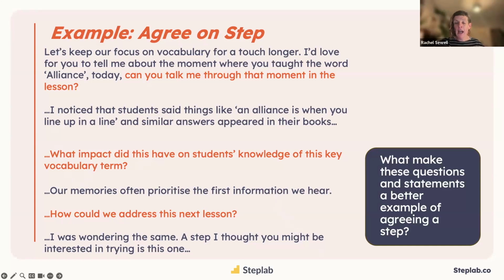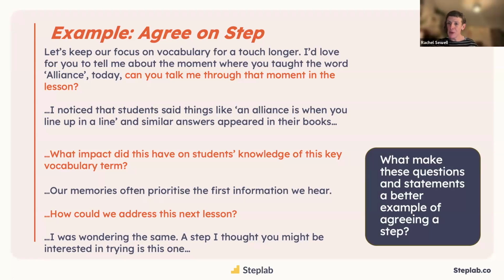And then finally, just like you said, Stephanie, that idea of how can we address this next lesson? When you've together built this shared understanding that hearing those incorrect, imprecise student definitions first was a problem, you've begun to close gaps in the teacher's knowledge, and they might already be forming their own idea.